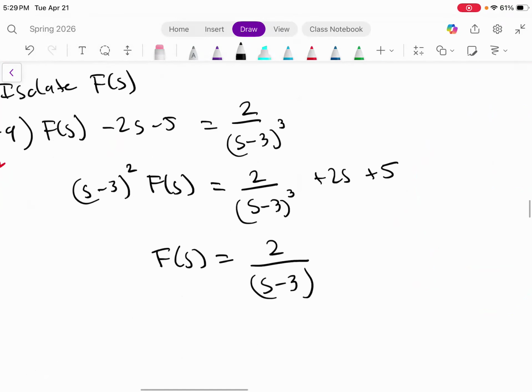So when I divide by s minus 3 squared to both sides, I end up with s minus 3 to the fifth plus 2s plus 5 over s minus 3 squared.